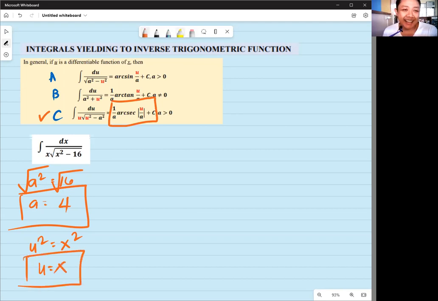Okay. And after that, we can now move on with our final answer. So let's just substitute. We have here 1 over, what's the answer? 1 over 4 arc sec of, take note, don't forget the absolute value of u, which is x over a, which is 4.